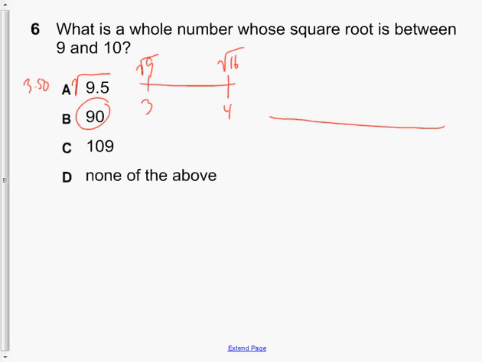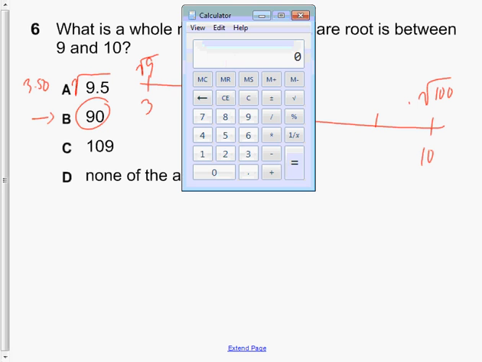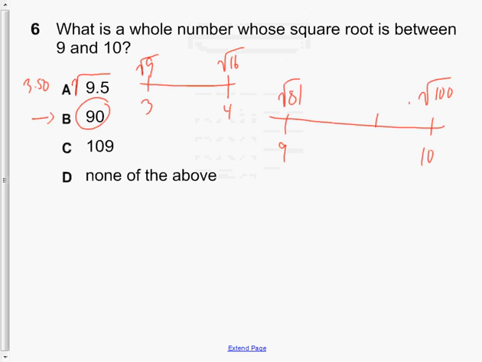This is going to be the square root of 81, which is 9, and the square root of 100, which is 10. So it's going to have a square root somewhere in between there, which means that B is your answer. B, the square root of 90, will be 9 decimal something. Check with a calculator. Square root of 90 is 9 decimal 5 approximately. So its square root is between 9 and 10.